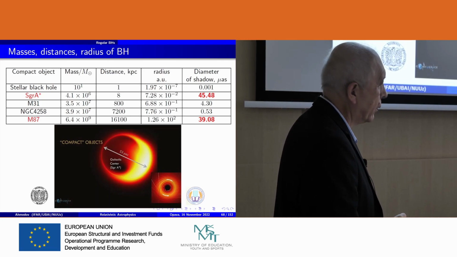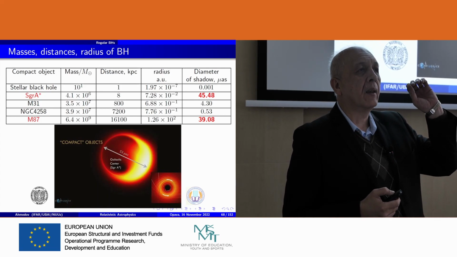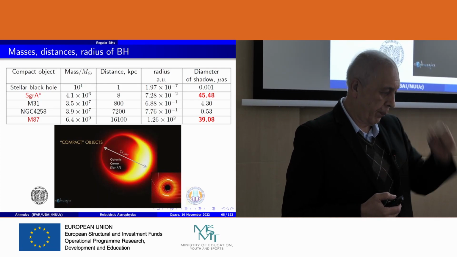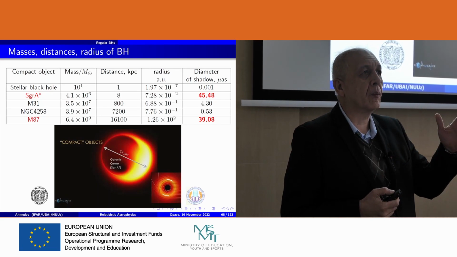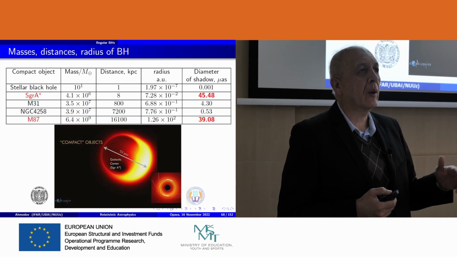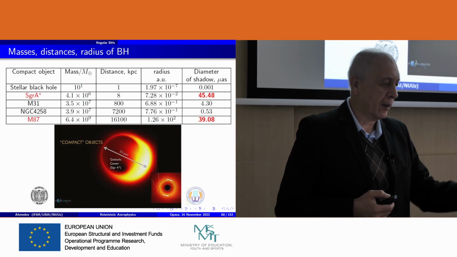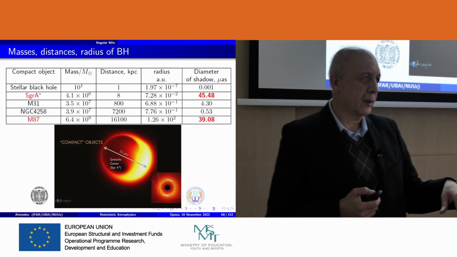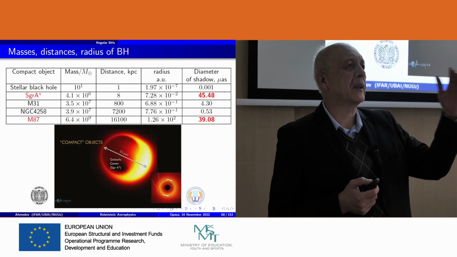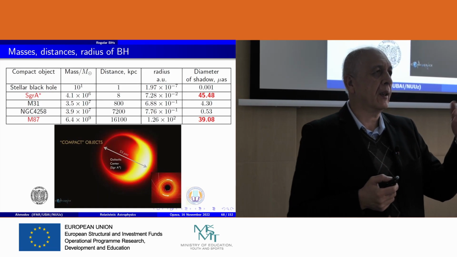black hole shadow? So we said that if you look at the orbits, for example, in the solar system you can have orbits of Mercury, or around the Earth you can have orbits of any rocket, any satellite.